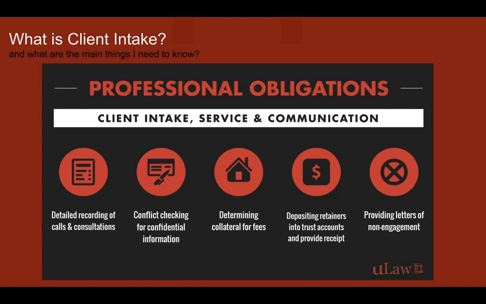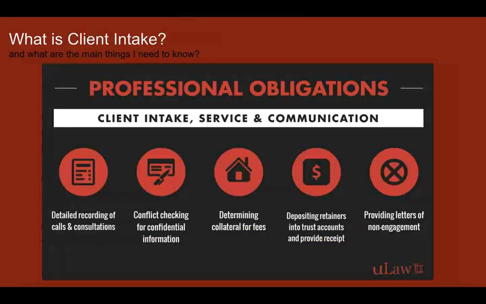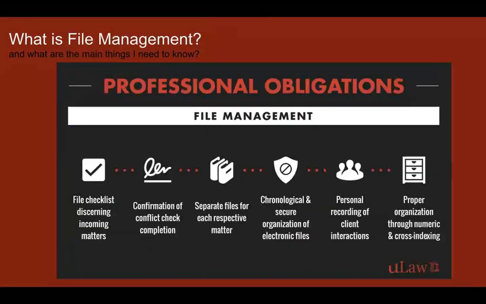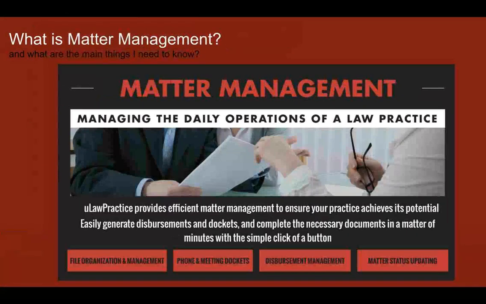All of these are part of it. And when you're also taking care of the matter management from the aspect of the retainer agreement, you enter all of them, keeping in mind the scope, the nature, and other responsibilities of the client, of yourself, everything. Once entered in, then you move on to creating the matter management.